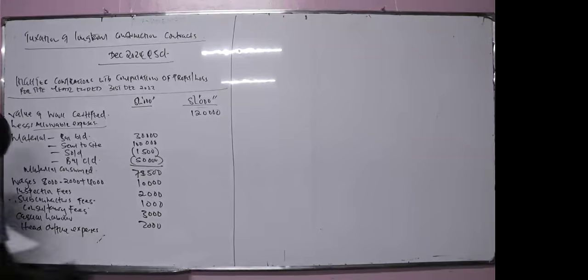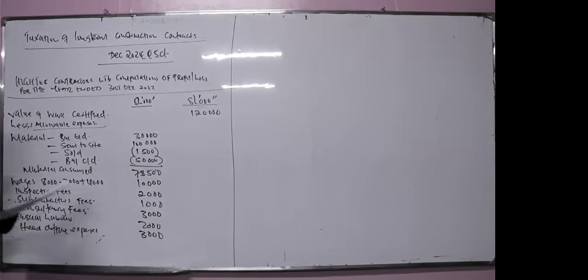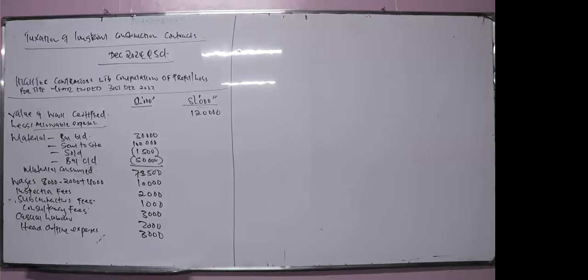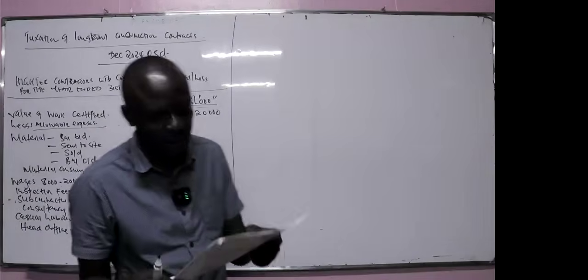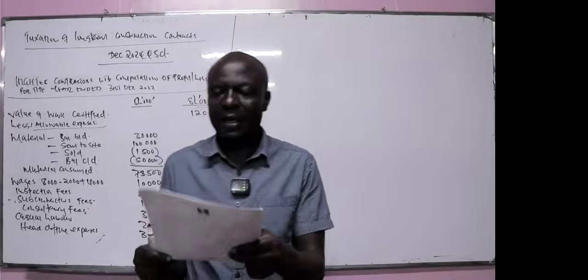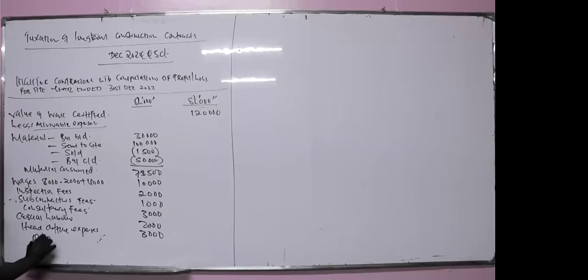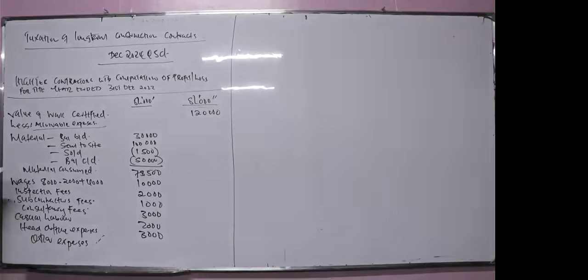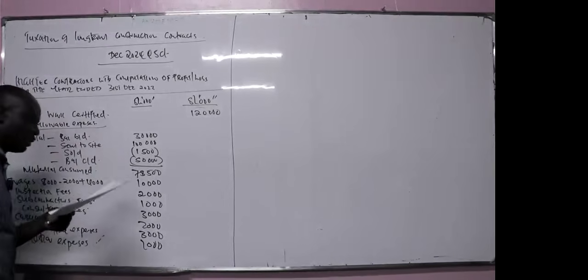How much is it? 3,000. Depreciation provision, disallowable. Rent paid, non-contract related, disallowable. Other expenses, how much is it? 2,000, isn't it?